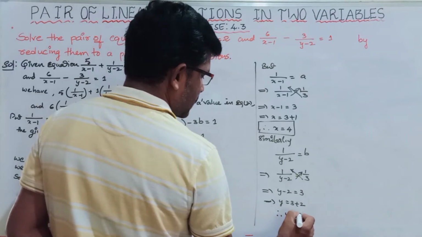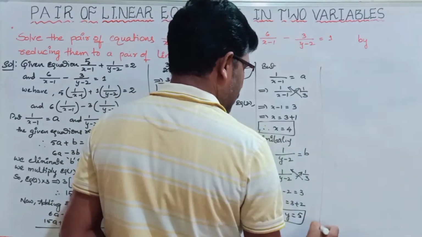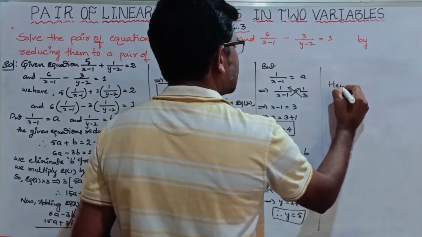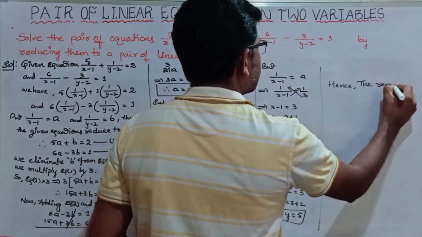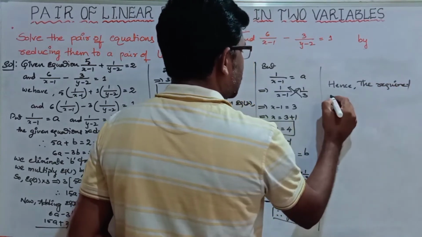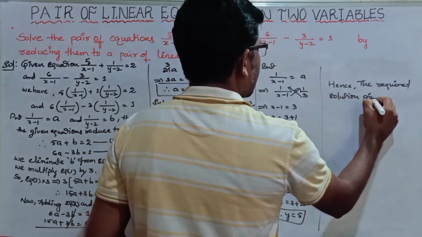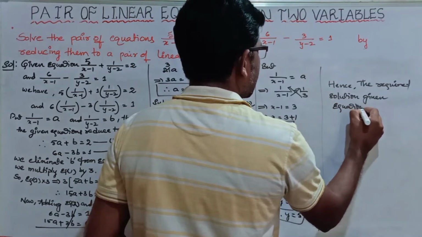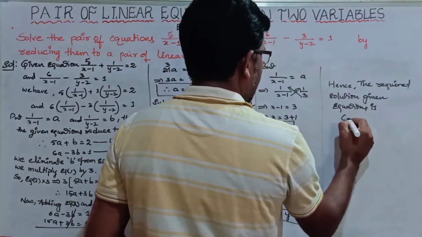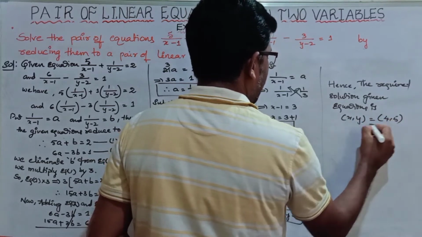Therefore, y is equal to 5. Hence, the required solution of the given equations is (x, y) equal to (4, 5).